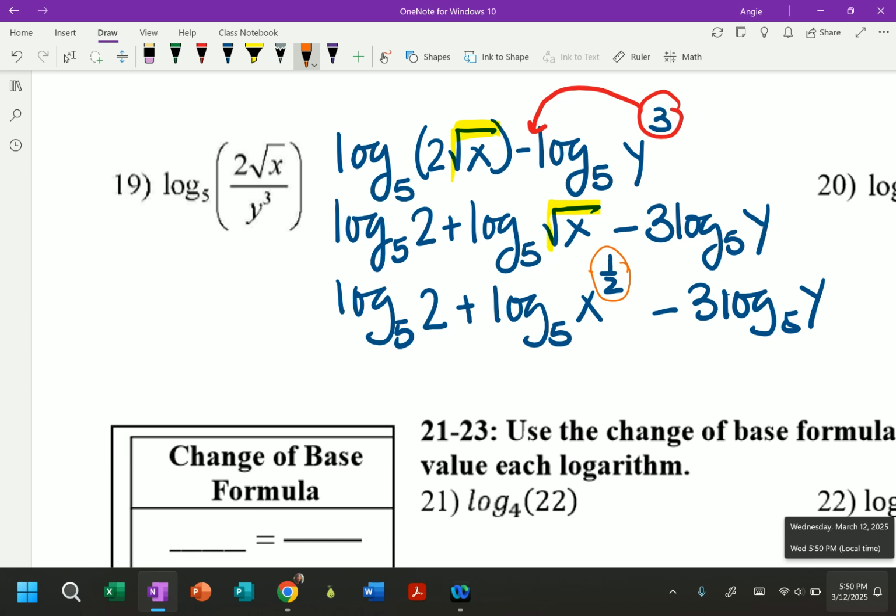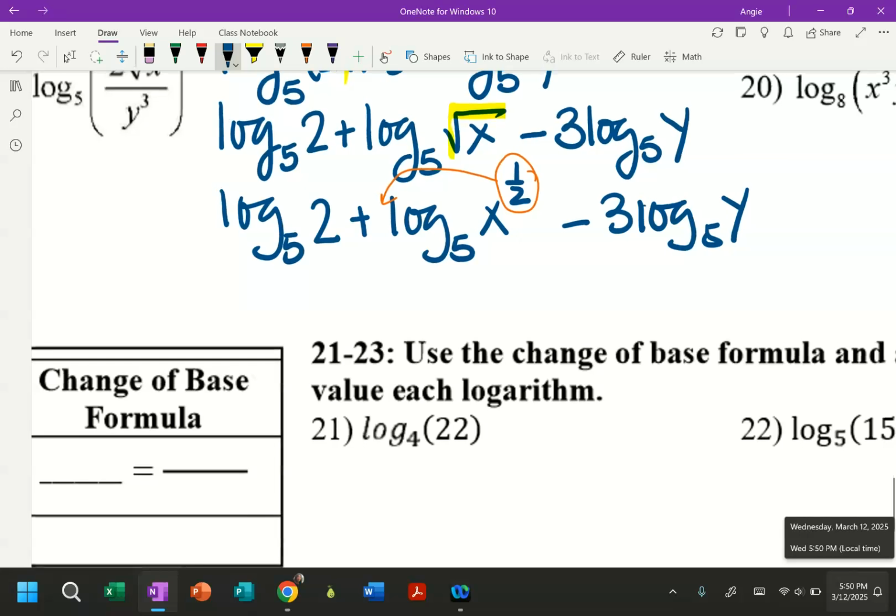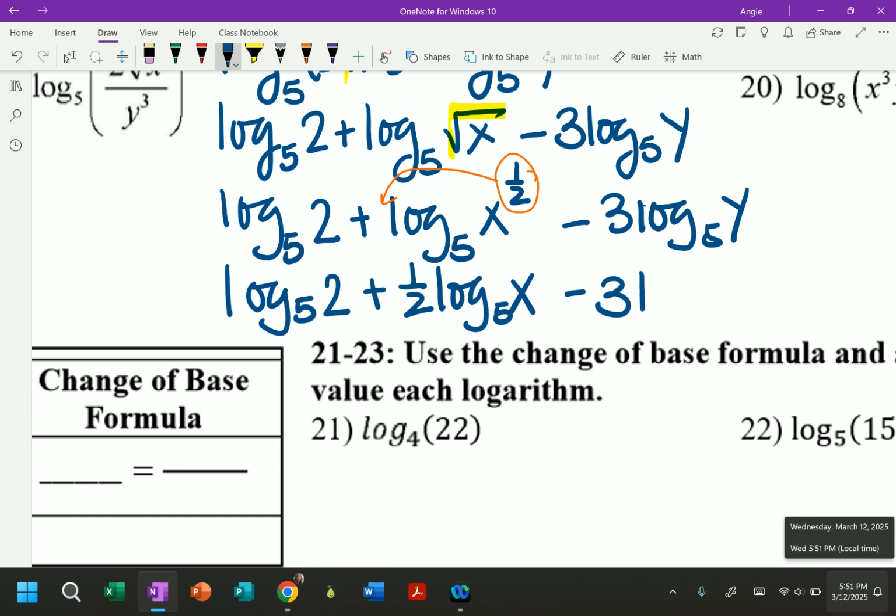This half, students, is an exponent. We will need to drop it down as a coefficient in the front, aka multiplication. So final answer, log base 5 of 2 plus a half of log base 5 of x minus 3 times log base 5 of y, and box that up.